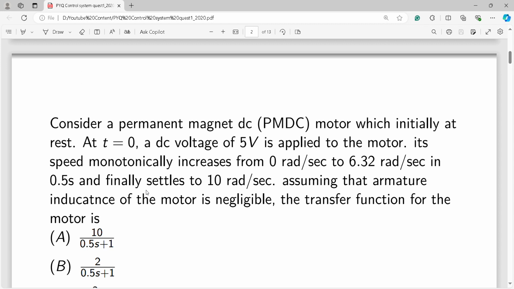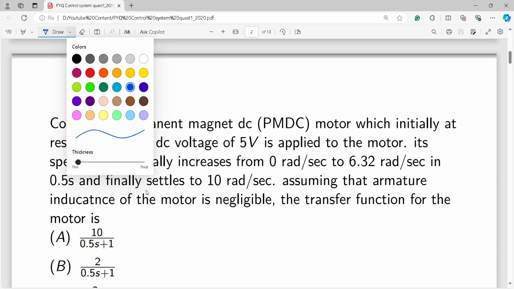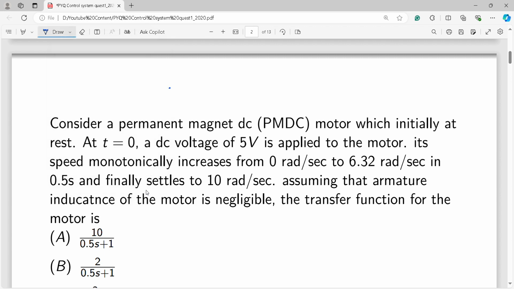Consider a permanent magnet DC motor which is initially at rest. Initially at rest means our initial condition is 0, at t is equal to 0.